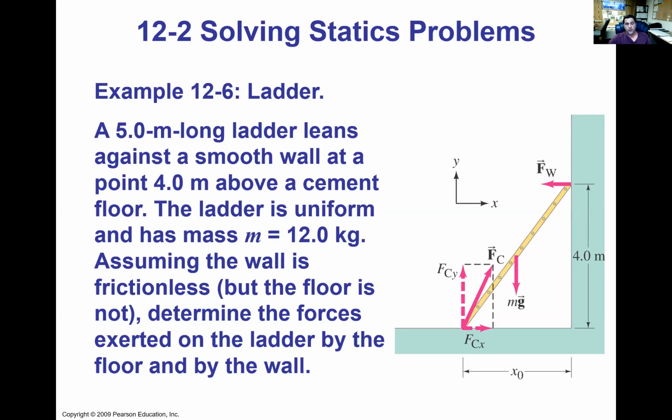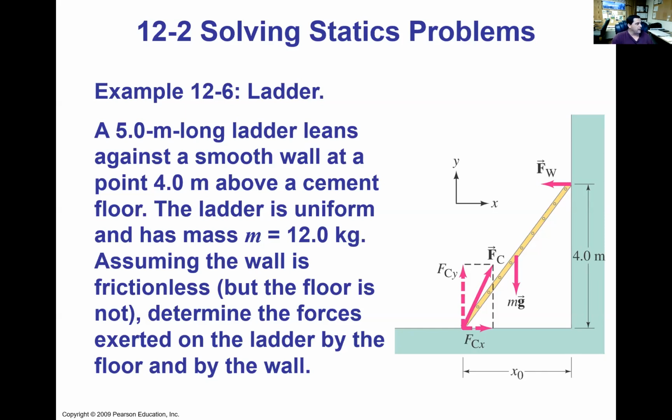If the floor is not frictionless, we are going to have a force here that's going to want to resist this ladder moving out. So the ladder wants to kick out in the negative X direction, but you have this reaction force FCX that's going to resist that. It's the friction force, right? And then you have a reaction force in the Y. And then we have the weight of the ladder.